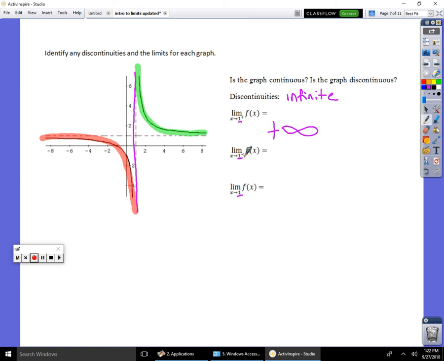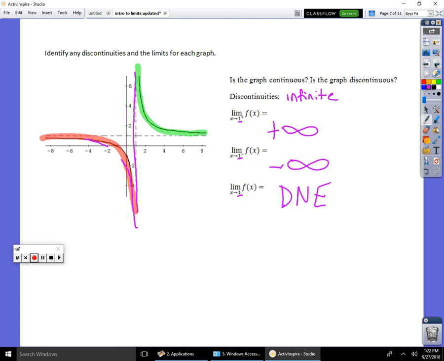So the red function touches the fence at what value? Negative infinity. Are these two in agreement? So therefore, at exactly 1, because there's no exponent, the limit does not exist. Cool? All right, can I move on?